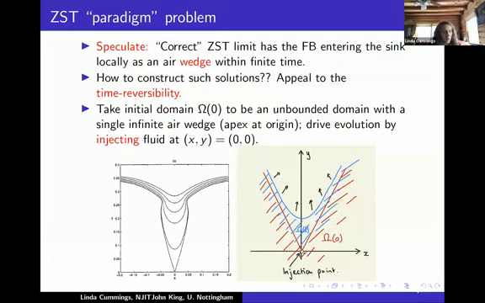What's going to happen is the phi boundary will move off, as indicated by the blue curve in the blue fluid region, and instantly smooth, basically. But appealing to the time reversibility, if I were to start with this blue curve here, and instead of injecting fluid, suck fluid out of it, then we're going to get the solution family that we want. The phi boundary will enter the sink as a wedge locally.